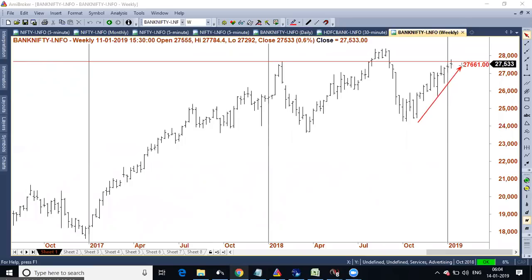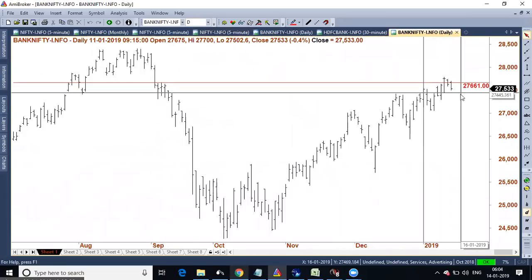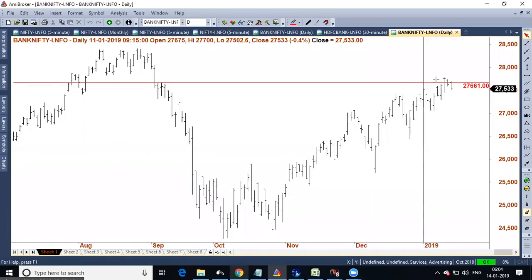Let's quickly have a look at how the daily time frame is panning out. If you look into the daily time frame, possibly the last 4 or 5 trading sessions, the price is completely in a balancing sideways mode, right? So nothing much is going on over there.